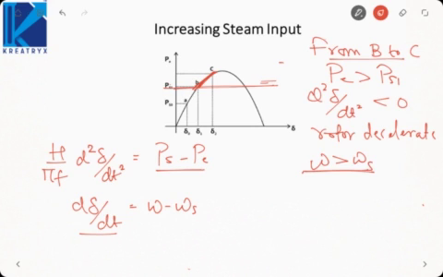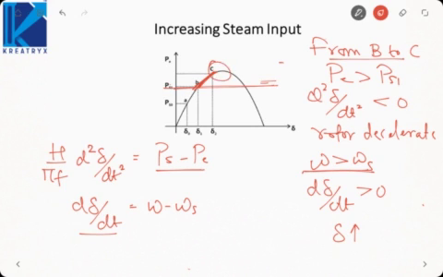That is, it is decreasing from 1500 rpm towards 1000 rpm, going from 1500 to 1400, 1300 and 1200, but still it hasn't reached 1000. So it doesn't matter whether the speed is increasing or decreasing, it is still greater than omega s. So d delta by dt is greater than 0 and delta will keep on increasing.